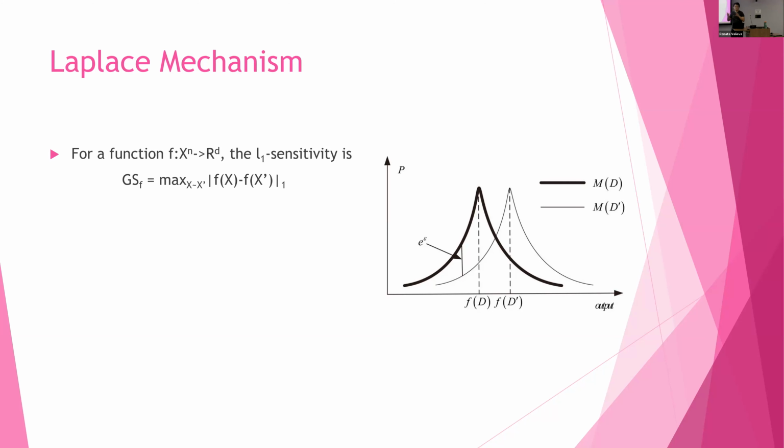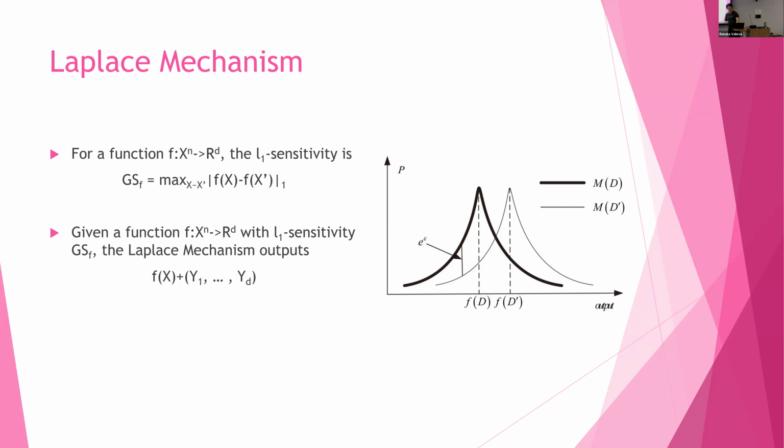The L1 sensitivity is basically how much the function can change in L1 distance between neighboring databases. So x ~ x' just means that the two databases are neighboring. In our case, it means that the graphs differ by a single edge. And the L1 sensitivity is just how much this vector changes.